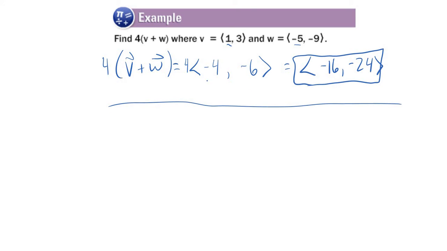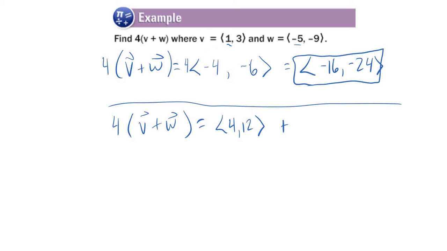That's how I prefer to do it personally, but if you wanted, you could distribute this 4 right through at the start. And so 4 times v plus w could be done like this. So that would be 4, 12.